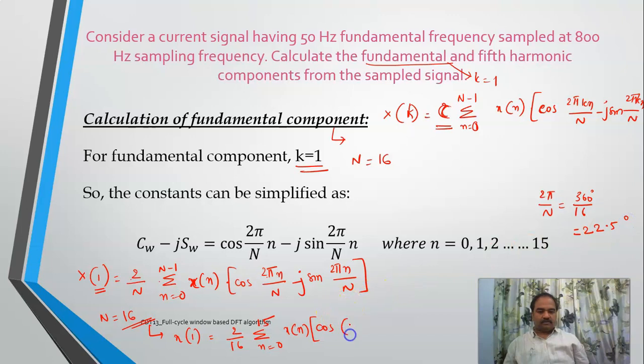So it is cos of 22.5 n degrees minus j sine 22.5 n degrees, right? So this is my expression.